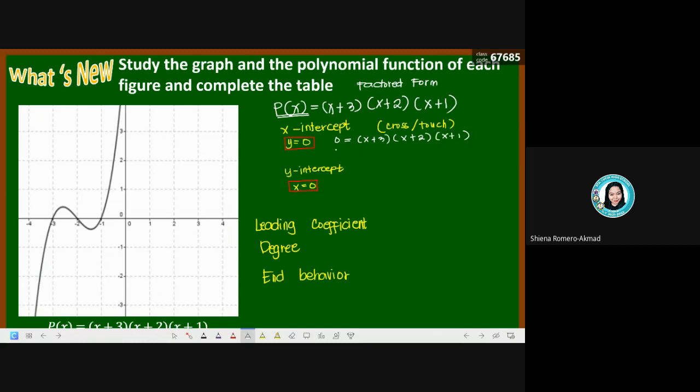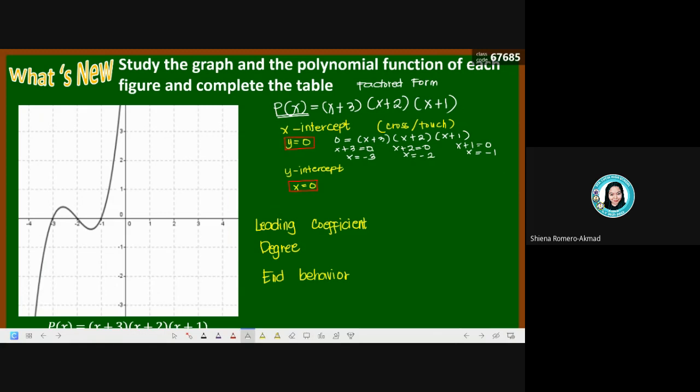So pag in-equate mo yan to 0, x plus 3 equals 0, x equals negative 3. So ganun lang. X plus 2 equals 0, x is equal to negative 2. Ito naman si x plus 1 equals 0, x is equal to negative 1. So yun po yung magiging value. Negative 3, negative 2, negative 1.